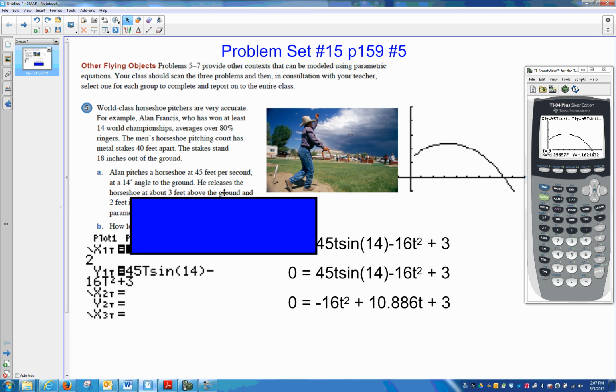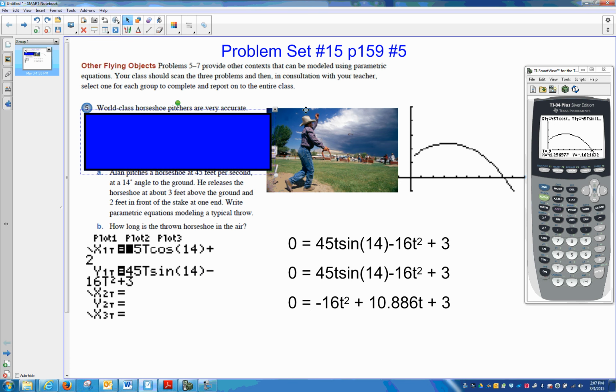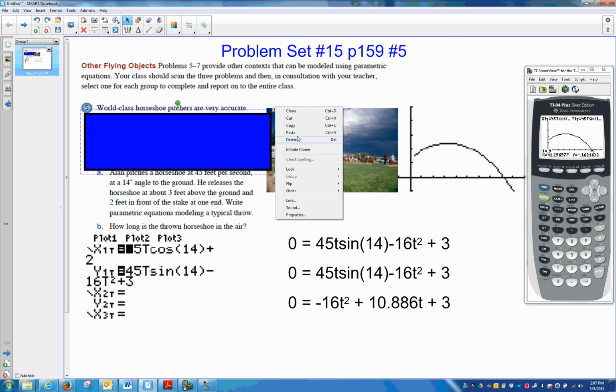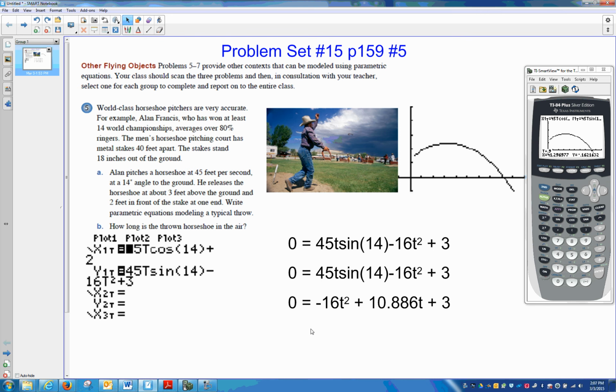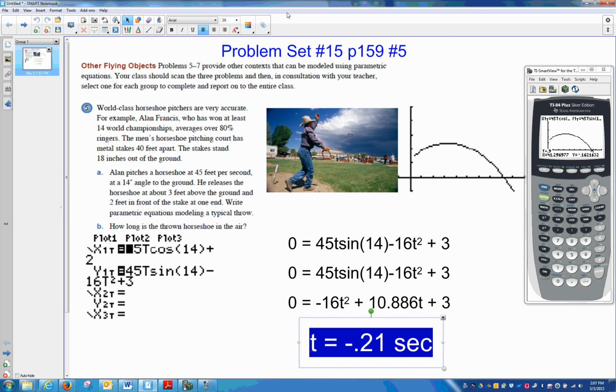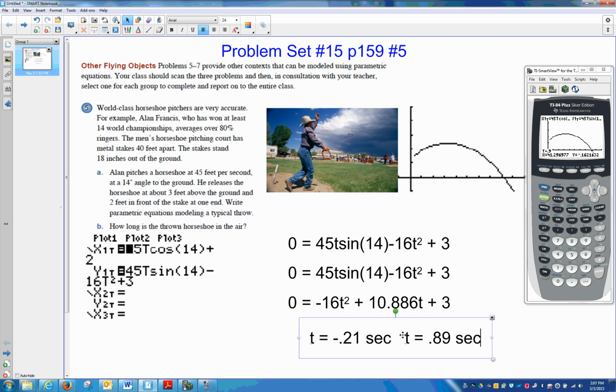Now use your quadratic formula to solve for this. And if you use your quadratic formula, t turns out to be -0.21 seconds, and t turns out to be 0.89 seconds.